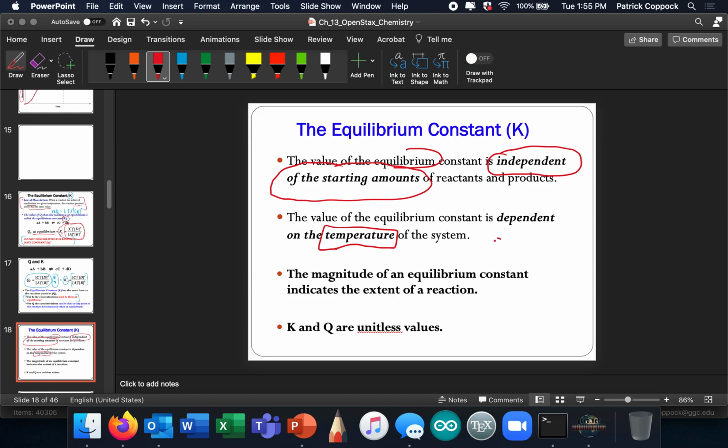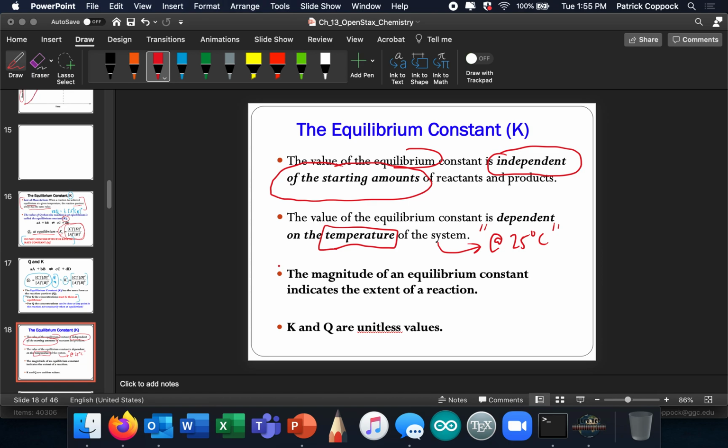So oftentimes we'll simply say at 25 degrees Celsius, and it may seem like a throwaway phrase, but the equilibrium constant does depend on the temperature, so the question writer will tell you what the temperature is, and it's just sort of in the background. But do know that if the temperature changes, K does change.